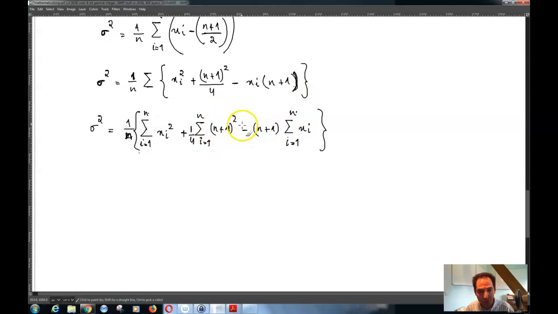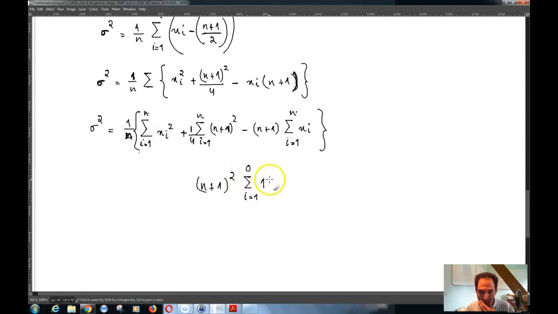So you can just take this out and write it as, for example, n plus 1 whole raised to the power 2 times sigma of 1 when i goes from 1 to n.